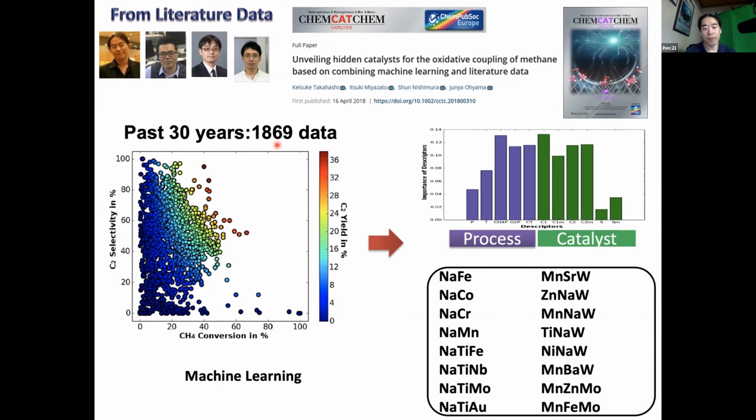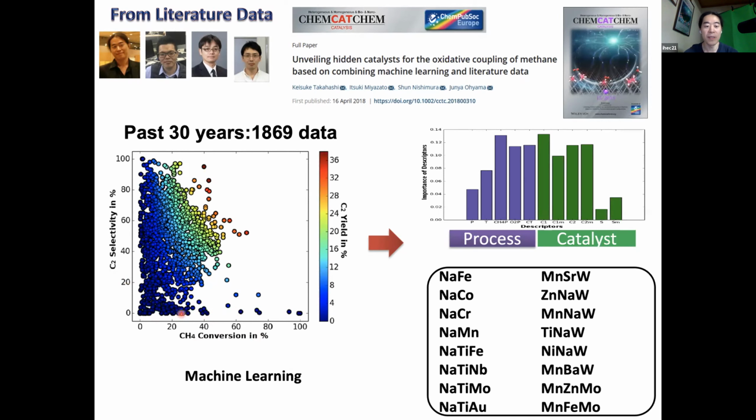When I visualize this data, this is what you can see. This is the CH4 conversion, so how much CH4 was converted. And on the y-axis, we have C2 selectivity: within the converted CH4, how much C2, which is ethylene and ethane, was acquired. If you plot it, as you can see, if you convert more CH4, you don't get so much C2.